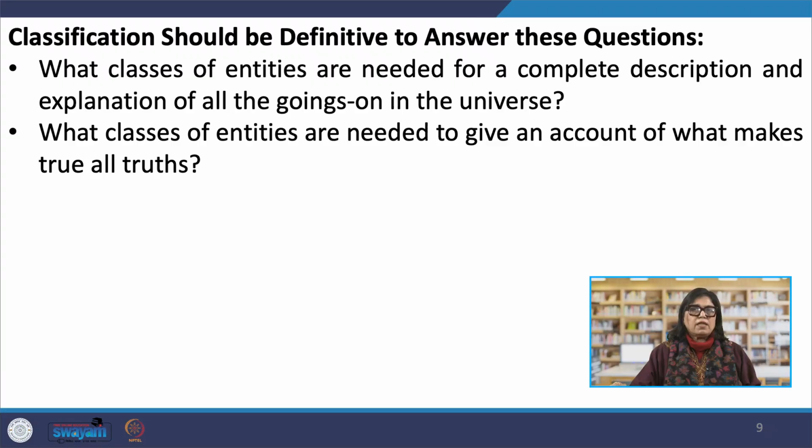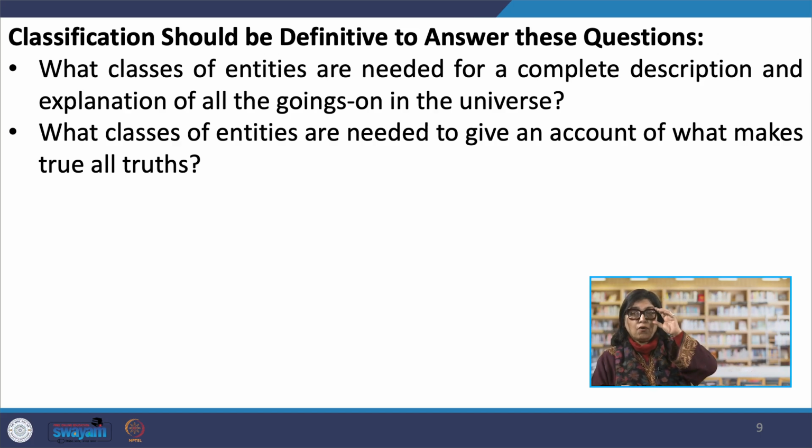So, ontology seeks to provide a definitive and exhaustive classification of entities in all spheres of being. The classification should be definitive in the sense that it can serve as an answer to such questions as what classes of entities are needed for a complete description and explanation of all the goings on in the universe.